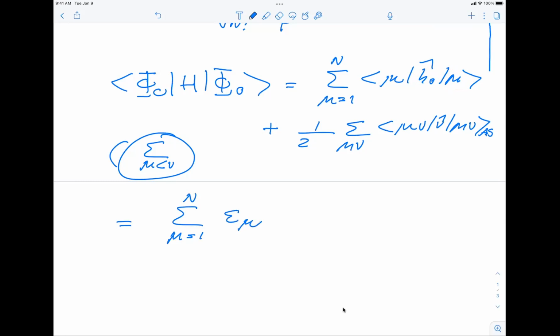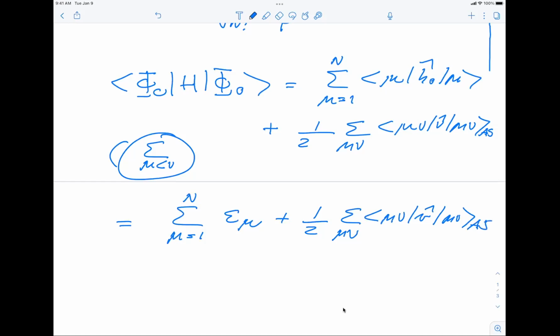If you're doing atomic physics, you have analytical expressions. If you're doing the harmonic oscillators, you have analytical expressions, etc., etc. So just writing it up, mu, anti-symmetrized.